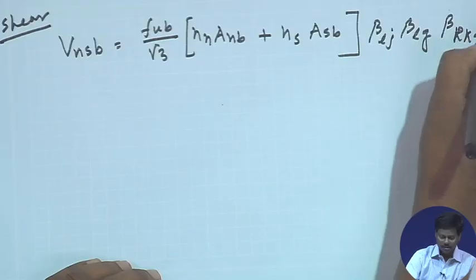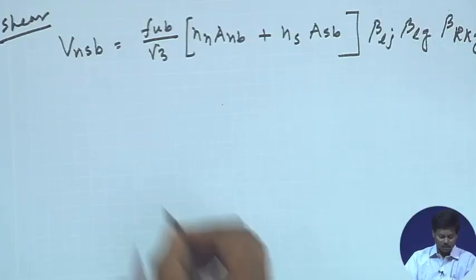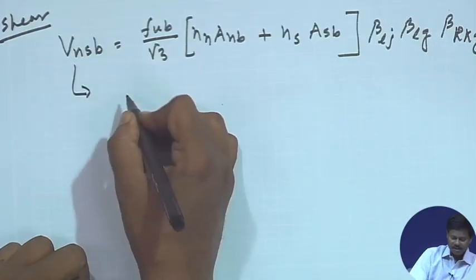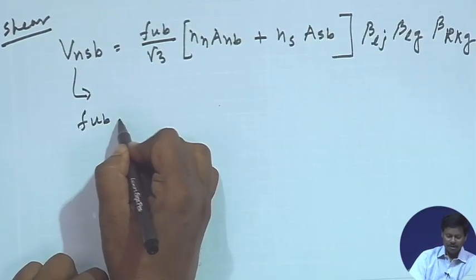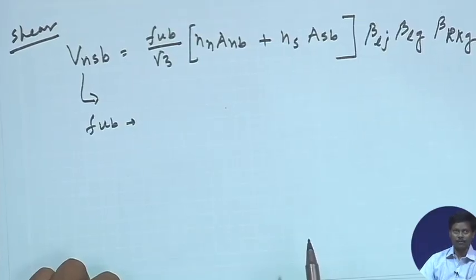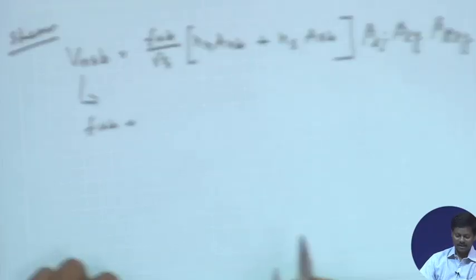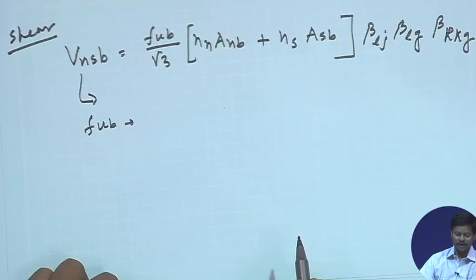beta_pkg. So, this V_nsb is basically the nominal shear capacity of the bolt, and f_ub is the ultimate tensile strength of the bolt, and this ultimate tensile strength depends on the material property of the bolt.